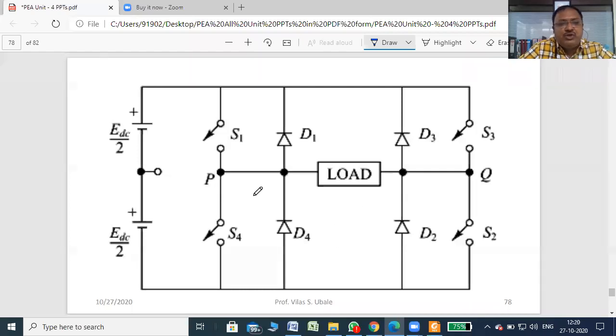Now what is the change in this circuit that I want to explain to you, because the remaining things are the same, right? Now the switches S1, S4, S3 and S2: only and only the switching technique, or the triggering circuits used to drive these switches, is PWM.